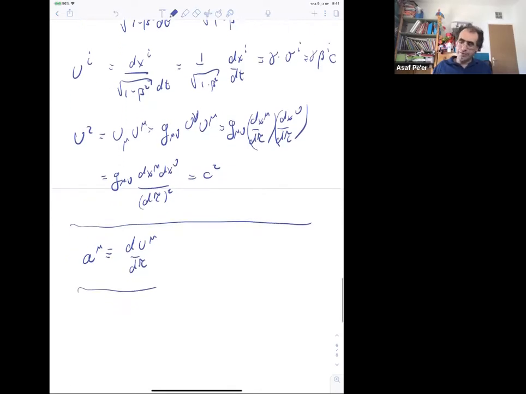And the force is just m times A mu. It's just m times du mu over d tau. That's of course what comes instead of Newton's second law.